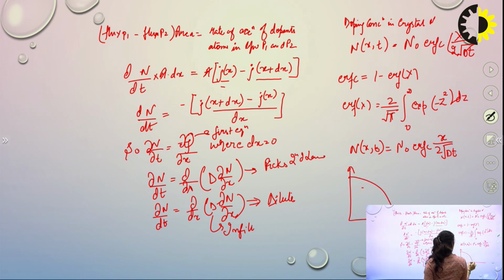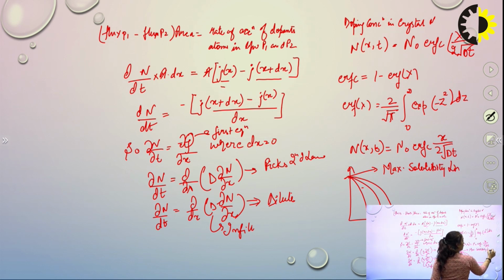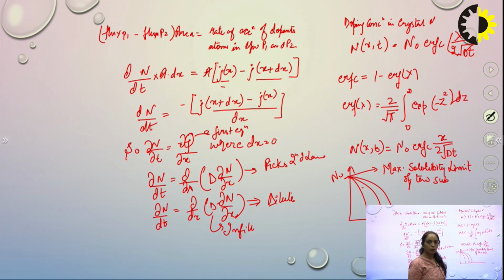Your surface concentration will remain the same because the maximum concentration is given by the maximum solubility limit of the substrate, right. So it will remain the same, and depending upon the time you are going to change the diffusion.